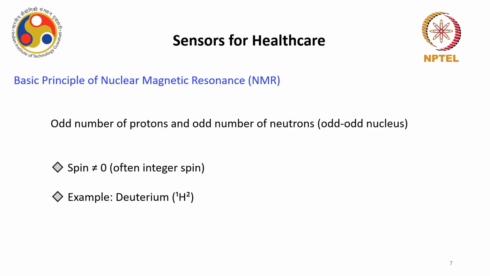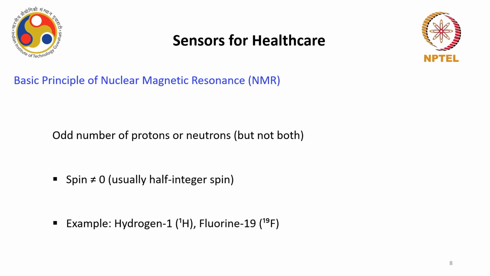A good example is a deuterium atom. Similarly for an odd number of protons or neutrons but not both, spin is again not 0, and examples are hydrogen or fluorine. MRI utilizes exactly these nuclei, like hydrogen inside the body.